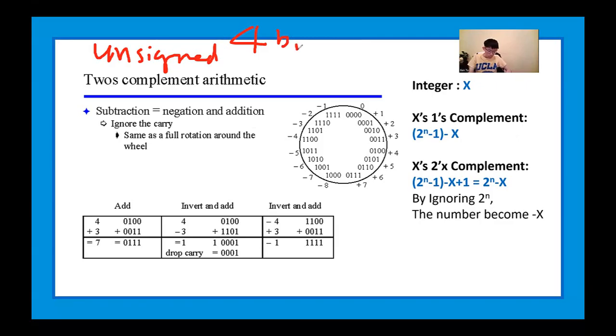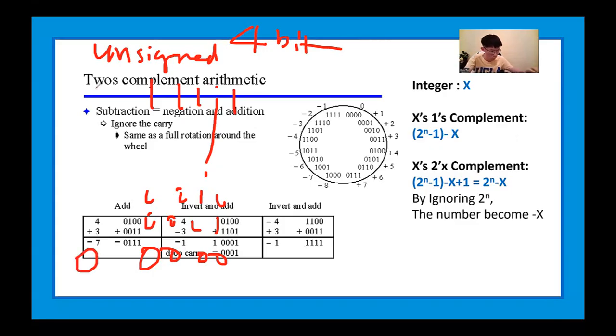Unsigned 4-bit integer, you get from 0000, 0001, 0010, up to 1111. So basically it's from 0 to 15. Or hexadecimal from 0 to F. Any questions so far? No.